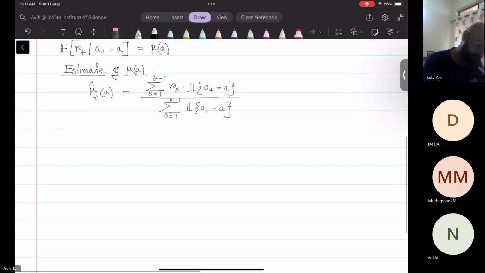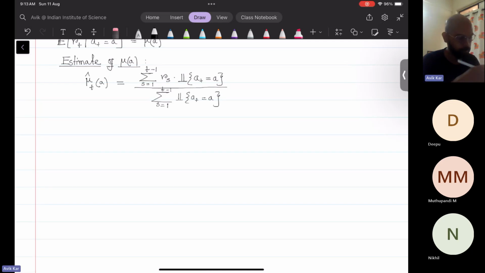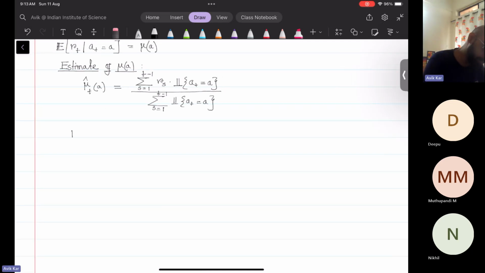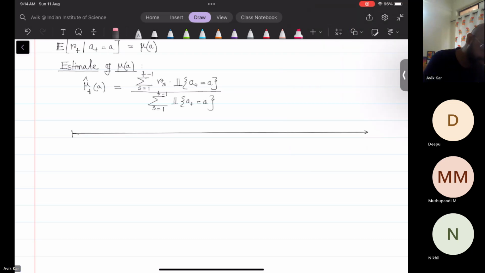Say this is the horizon. At time t equals t1, you have a set of estimates mu hat t1 A for all A in the action set. I'm assuming that you have a finite action set.